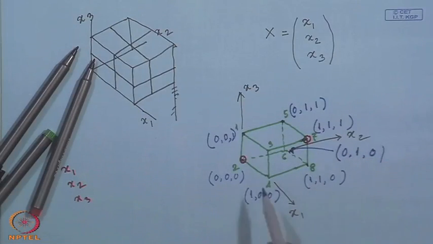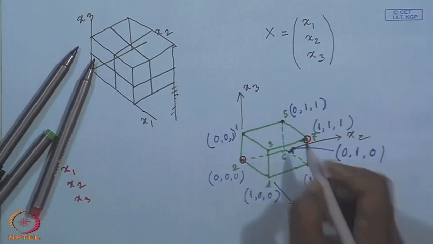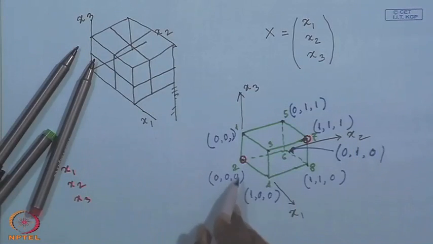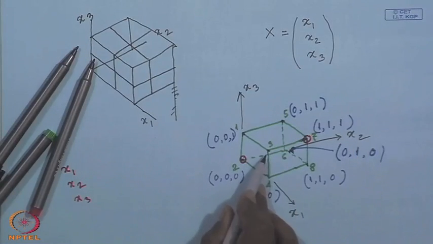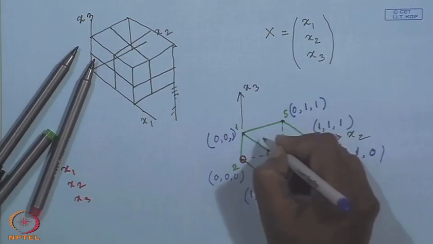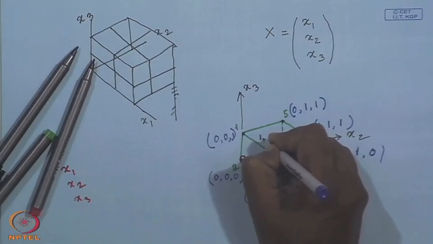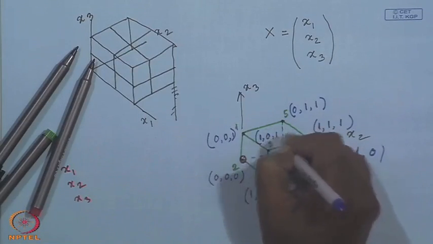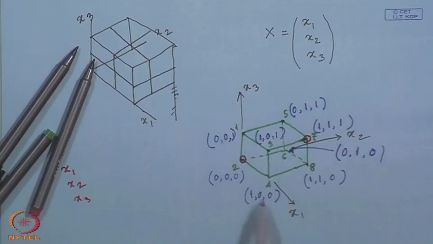So, this one is left. For this one, I will have x 1 component 1, x 3 component 1 and x 2 component is 0. So, it is 1, 0, 1. So, I have 1, 2, 3, 4, 5, 6, 7, 8, all the 8 vertices.